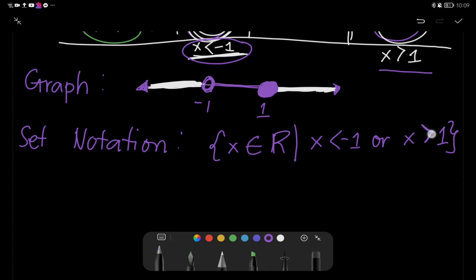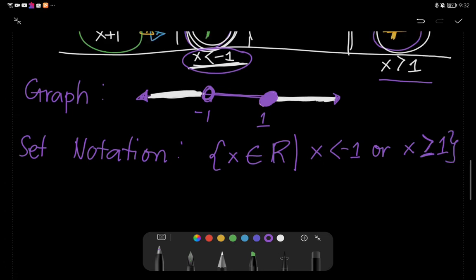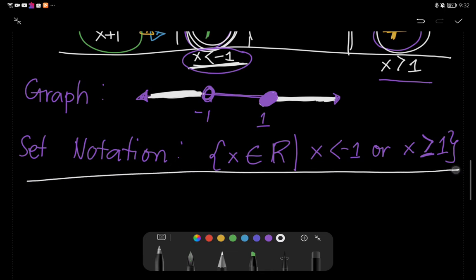So instead nga kanare isulat, dungagan siya og equal. So mahimo siyang x is greater than or equal to +1. So this is your set notation. So that is your final answer.